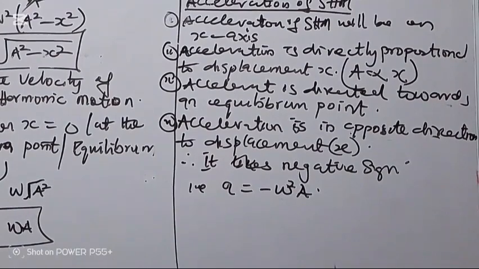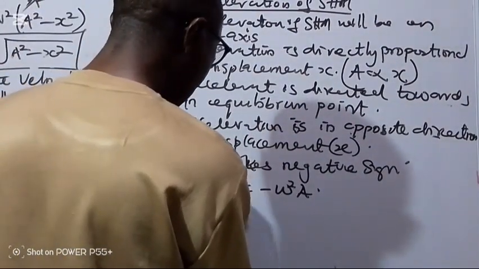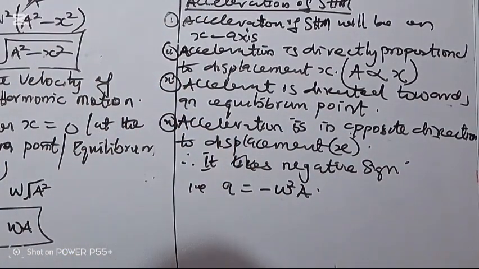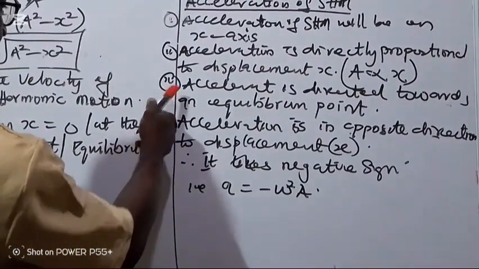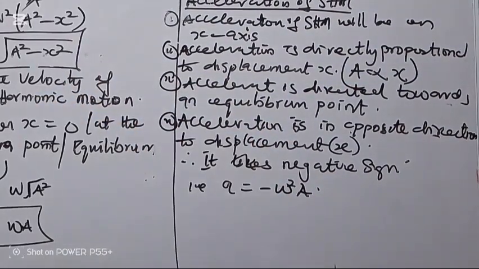That is, A is equal to minus omega square A. Why is it minus? Because according to the number 3 and number 4 points, it is directed toward a fixed point. It is opposite in direction to displacement.